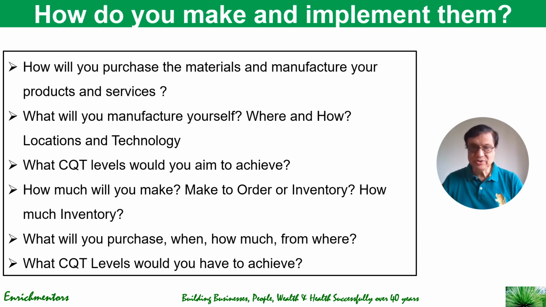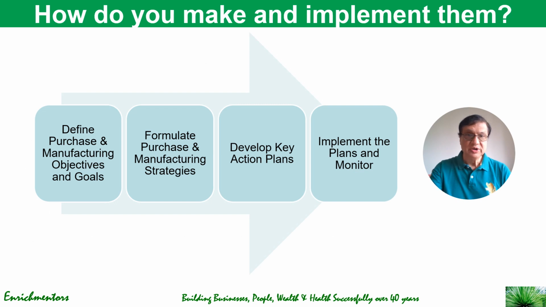So the question in front of us is, how do you make these decisions and implement? Any thought? We'll continue to use this framework because this is a common framework that can be used for any function for that matter, and especially for those functions that are multi-level, like sales and distribution, like purchase and manufacturing.